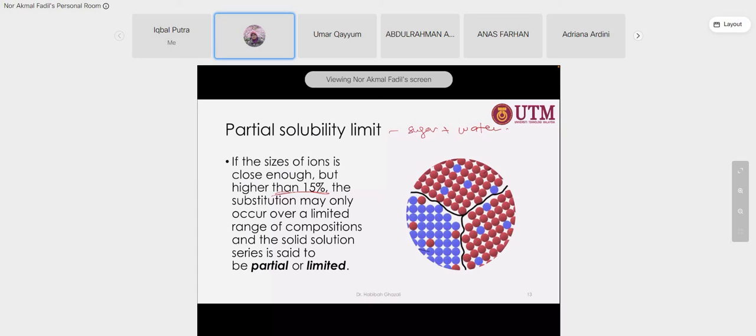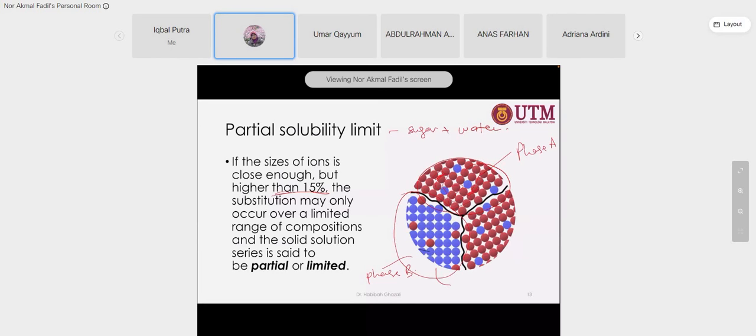So there is no homogeneous structure that you can see. There are two phases. This is phase A, and this is phase B. In phase A, you can see more red elements. In phase B, you can see more blue elements. They are not identical, they are not homogeneous.